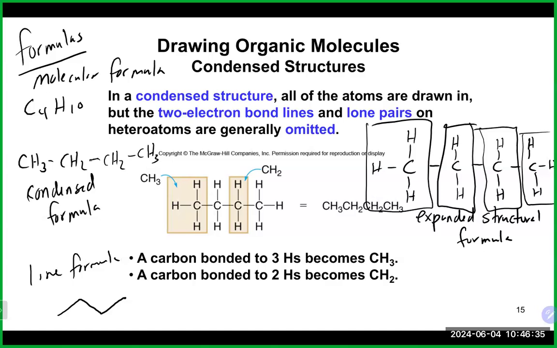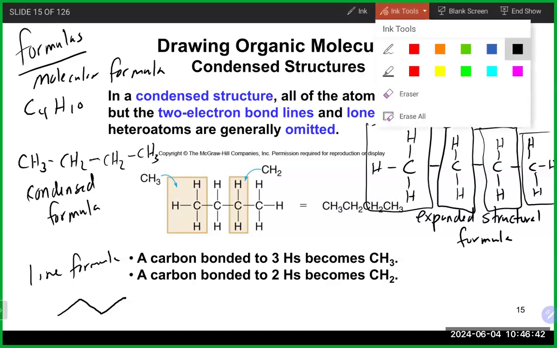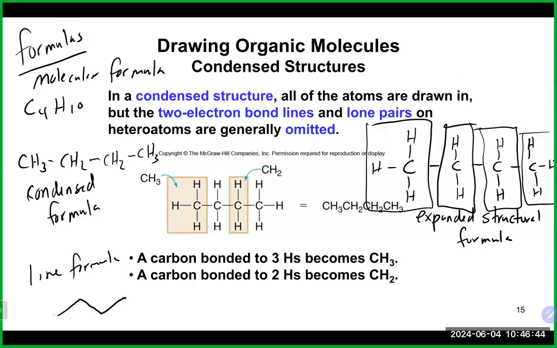Anywhere there's an ending, anywhere there's a point, they're all carbon. So for example, if we look at this guy here, this is a carbon, that's a carbon, and that's a carbon, and that is a carbon. And usually you don't put the little red circles, but that is our 4 carbons that is in this guy.